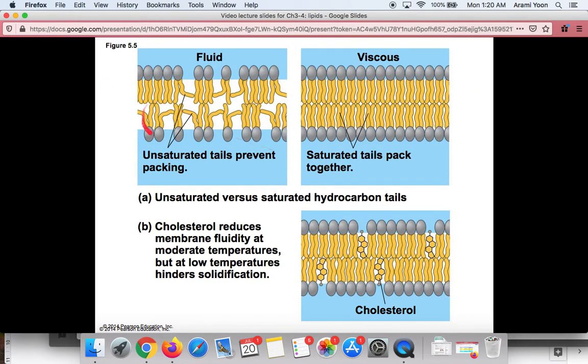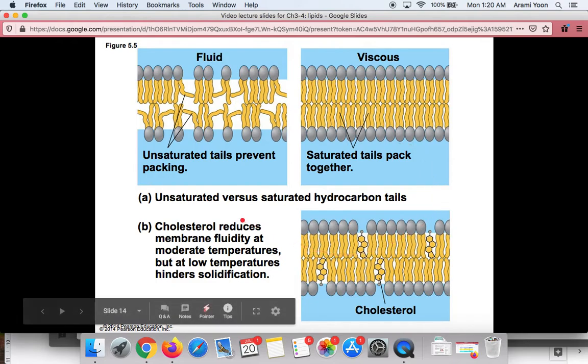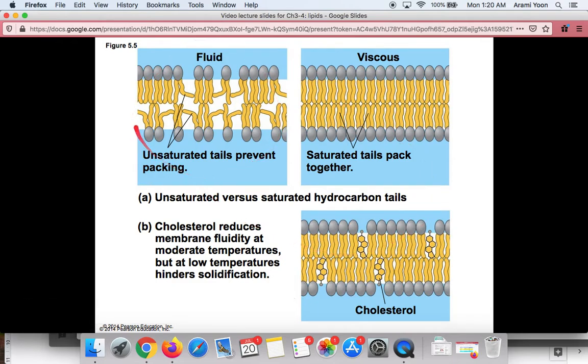So here we're going to look at your cell membrane under a few different conditions. One is if your cell membrane is too fluid. Why would that be? Well, you'll notice that the phospholipids are not able to pack tightly together because look at these little bent chains over here, just kicking out and preventing other phospholipids from getting close enough.